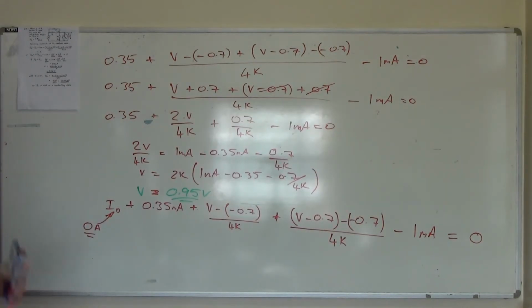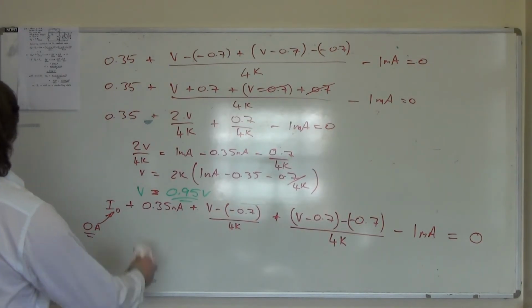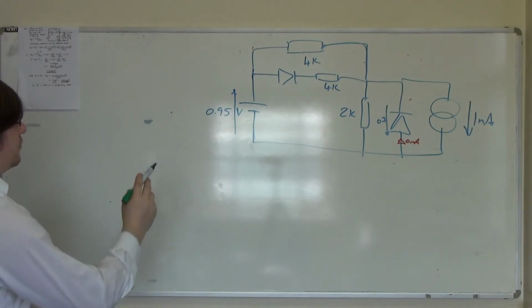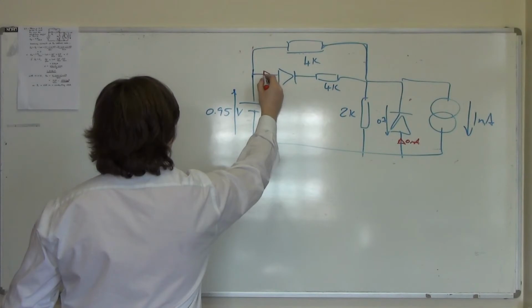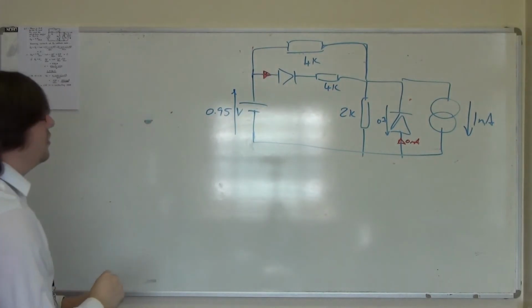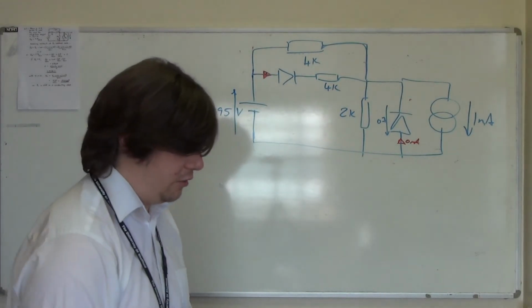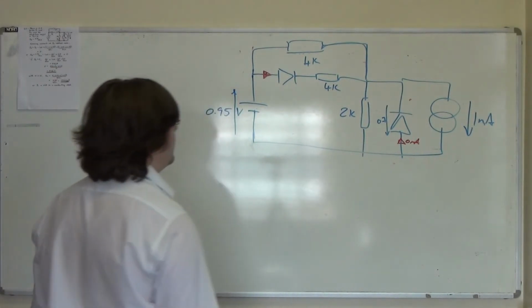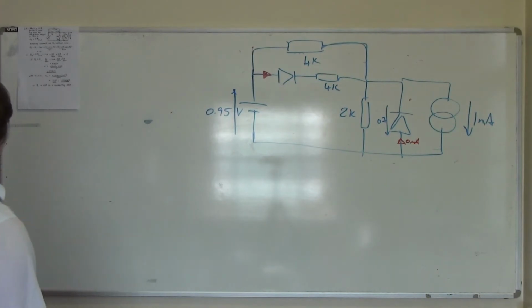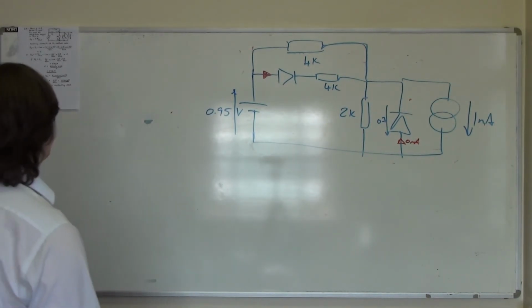So we now need to go back to the circuit, in fact, which I've removed. We need to know if the current in this diode here is still more than 0, because if it isn't more than 0, it means the diode has switched off due to this diode being on the edge of conduction in the new state. So we'll have to do some calculations to figure that out.